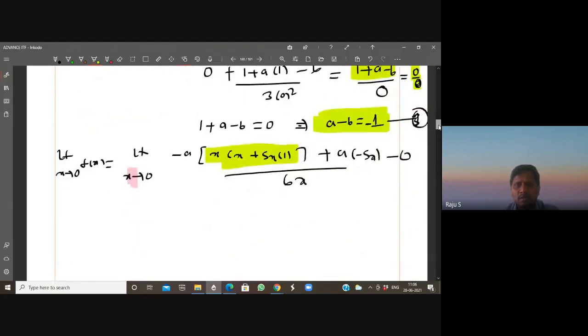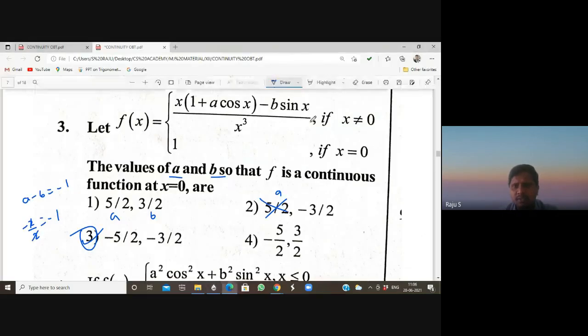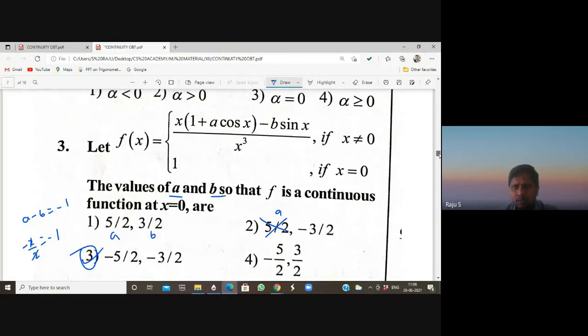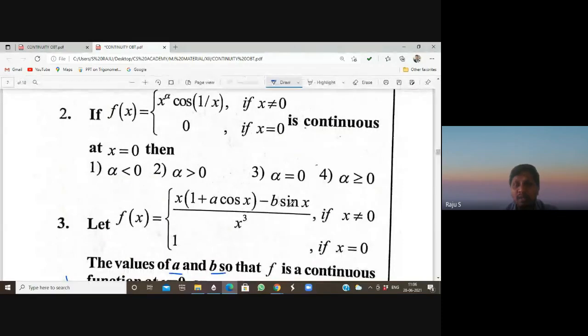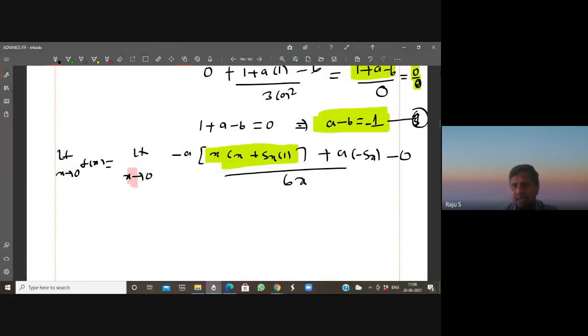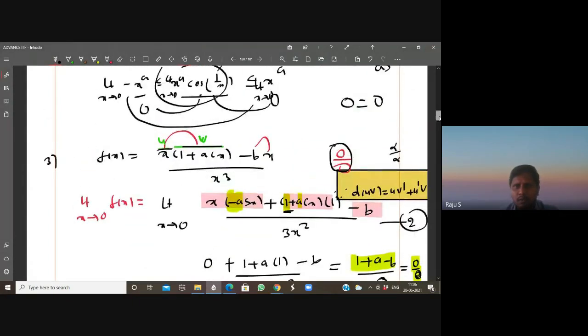Okay. Now again, when we substitute here, one minute. Here minus b sin x, sorry students, here minus b sin x. Minus b sin x will be what? It is a sin x. The sin x derivative will be cos x.